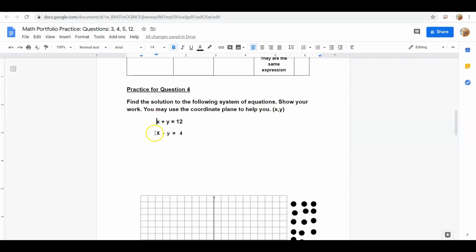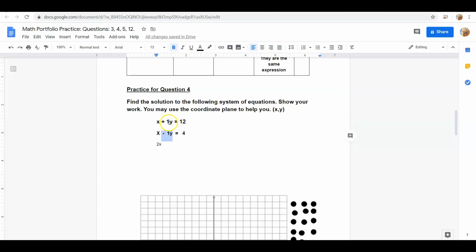This is a positive x, and this is a positive x. So if I combine two positive x's, I will have two x's. And here's where the elimination takes place. So here I have a positive y, and remember, if there's no number in front of a variable, we could assume that it's 1. So I have a positive 1y and then a negative 1y.